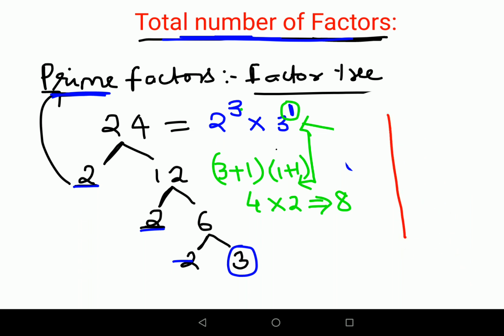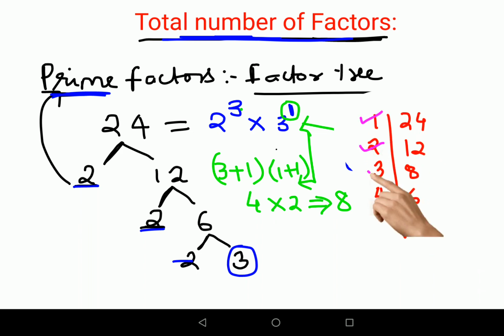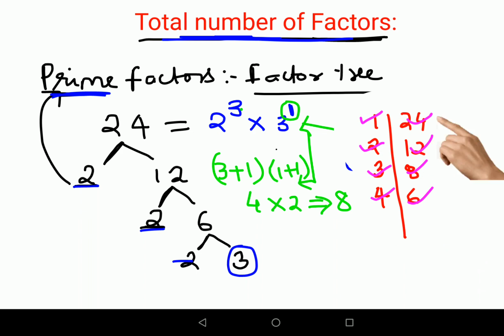So we'll have 1 into 24, then 2 into 12 gets you 24, then 3 into 8 gets you 24, then 4 into 6 gets you 24. Now if you look closely, how many factors are there? 1, 2, 3, 4, 5, 6, 7, 8, and that, my dear friends, is the answer over here.